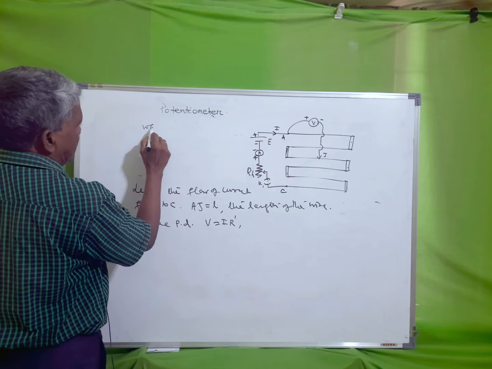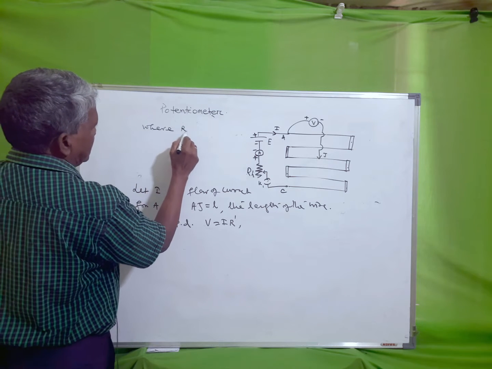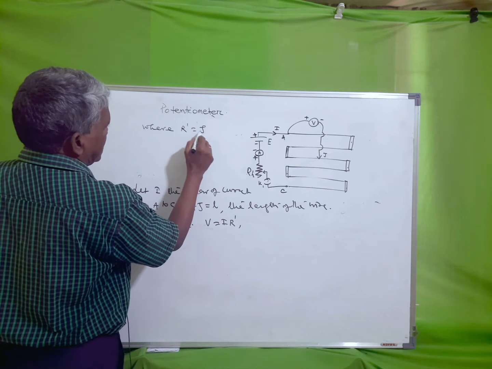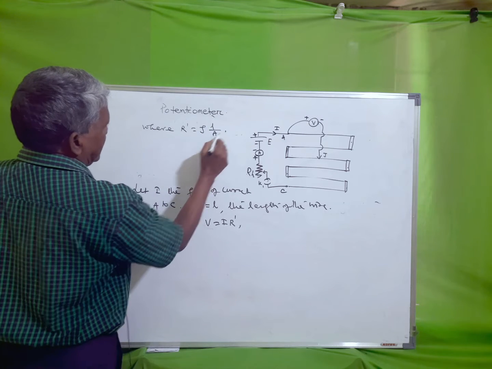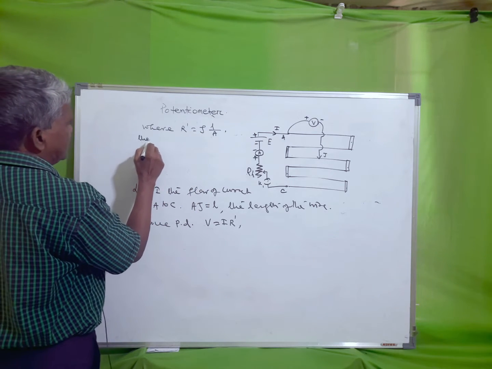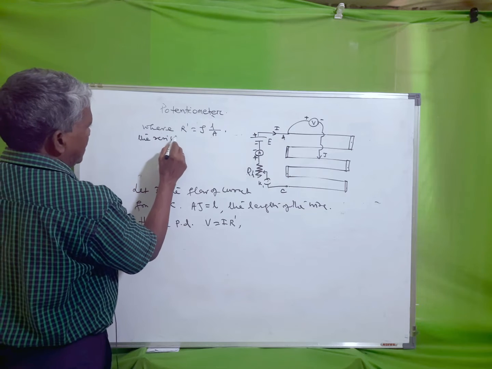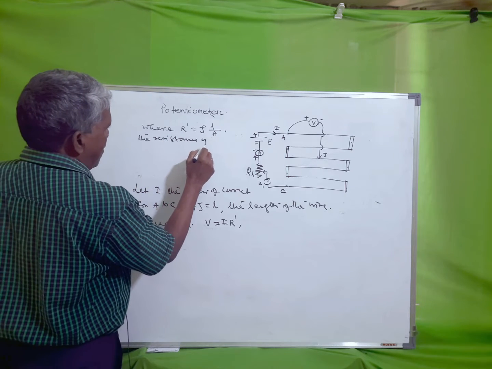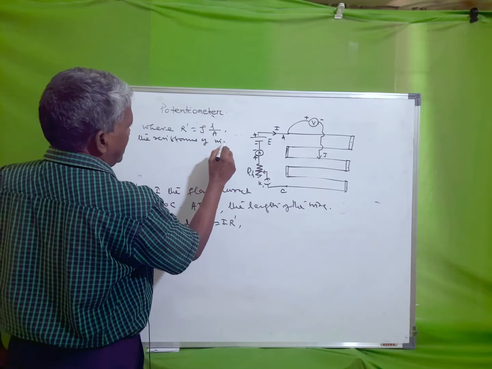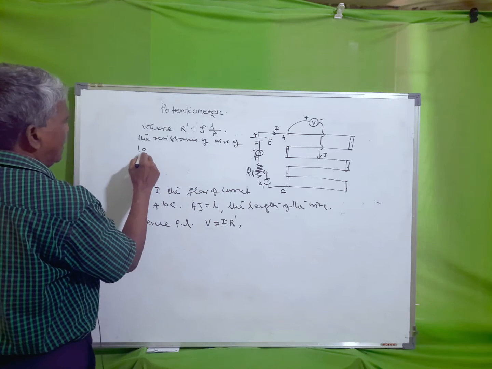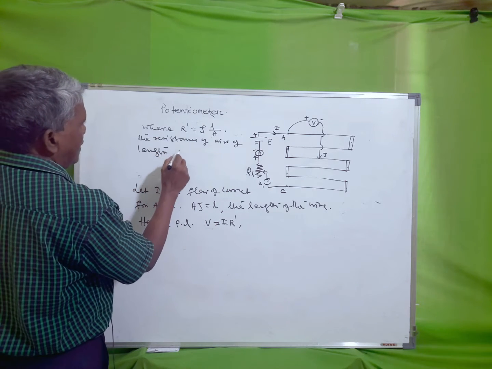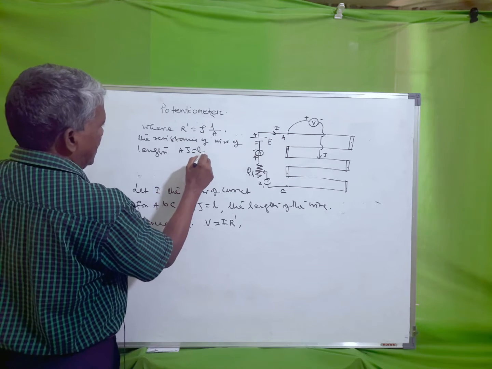R dash is equal to rho L by A, the resistance of a wire of length AJ equal to L.